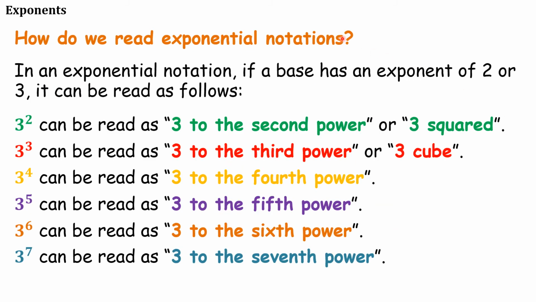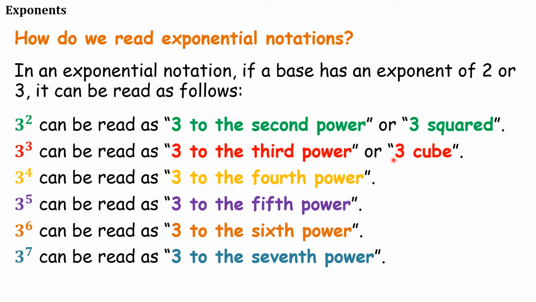How do we read exponents? In an exponent notation, if a base has an exponent of 2 or 3, you can read it as follows, as squared or cubed. For example, 3 to the 2nd power, you can say 3 squared. If you have 3 to the 3rd power, you can also say it 3 cubed.